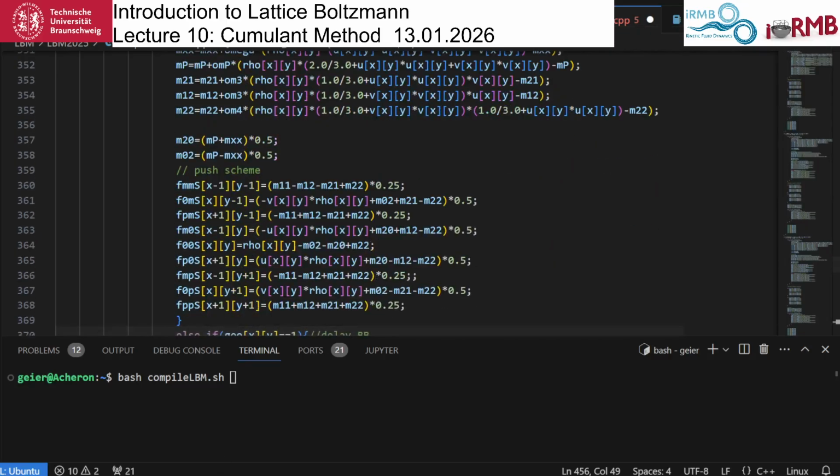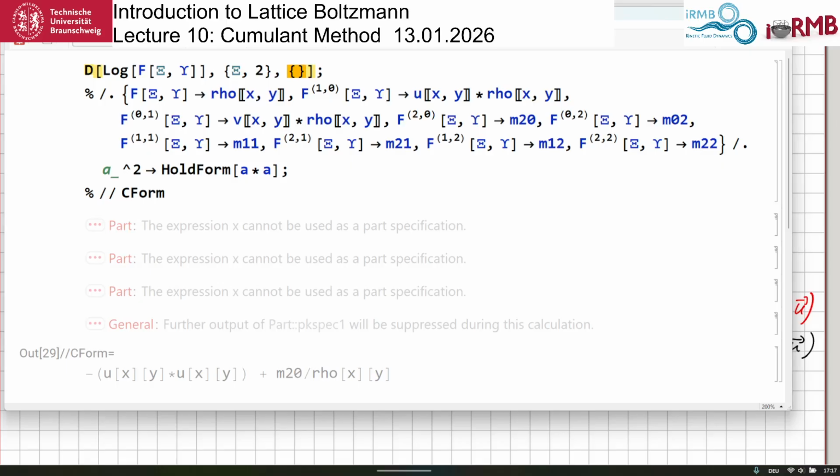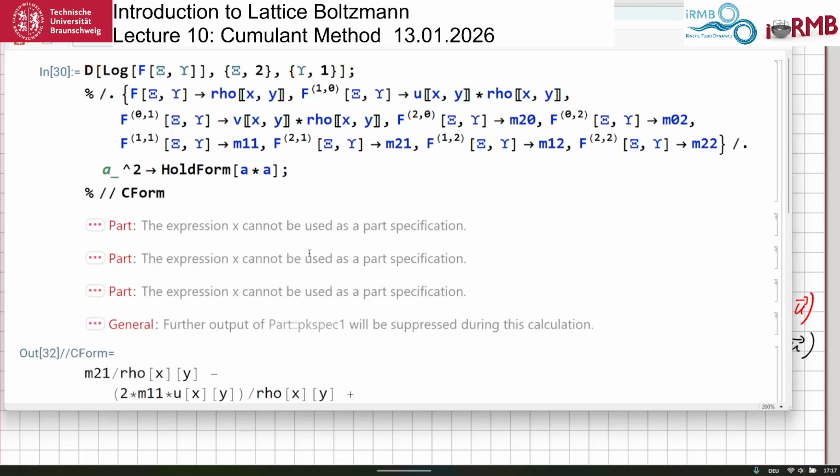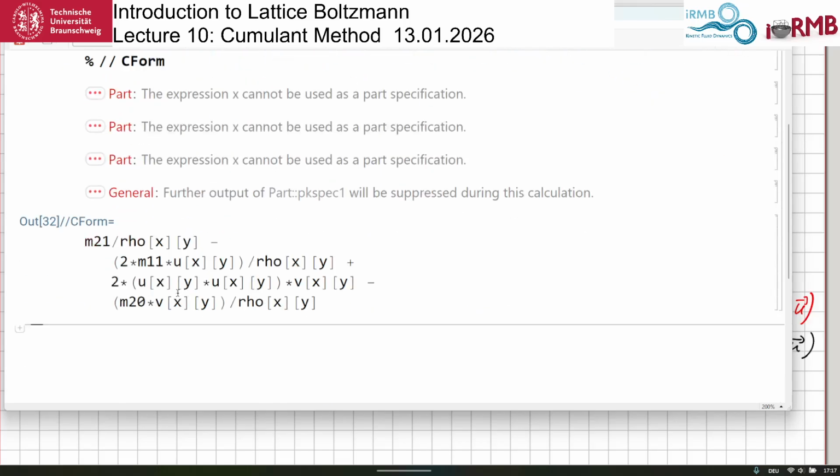So we just look at, we don't care about this, but we care about, now this is a third moment. Okay, one important observation. We see here what comes out is M21 divided by rho.